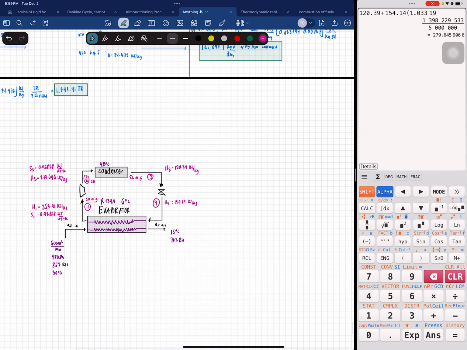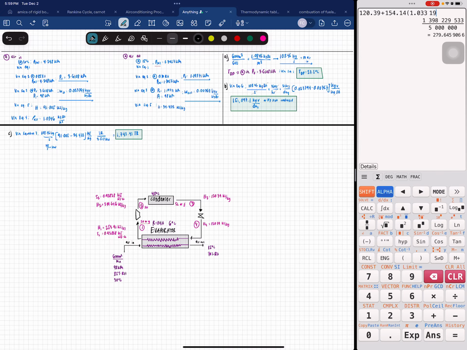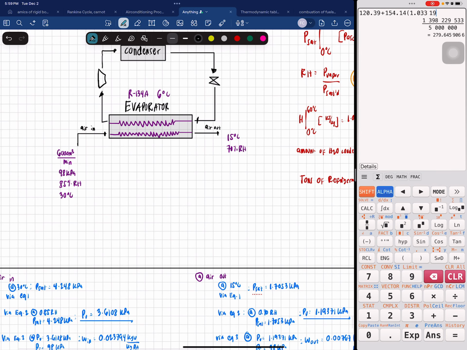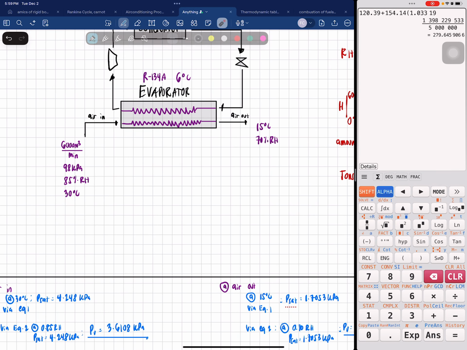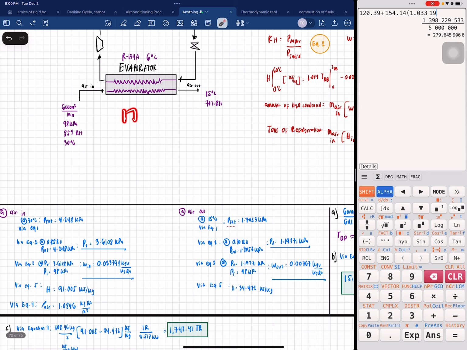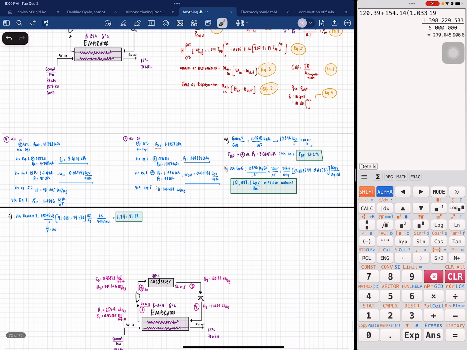Okay, so what else? Going back, what do we need? Amount of refrigerant to be circulated in the system. Okay, so let's use the tons of refrigeration here. So the amount of energy here in the evaporator is the same. Okay, that means you are required to have at least 1743.41 tons of refrigeration to cool your system. Okay, well, in that case, let's use equation 9.